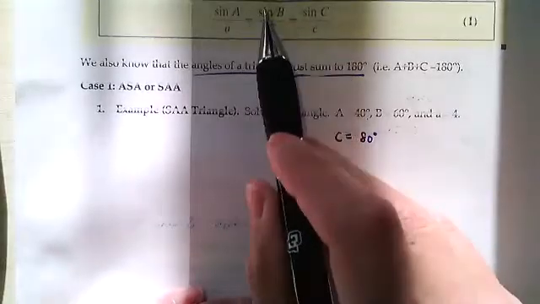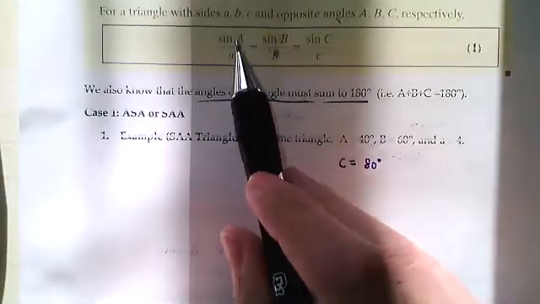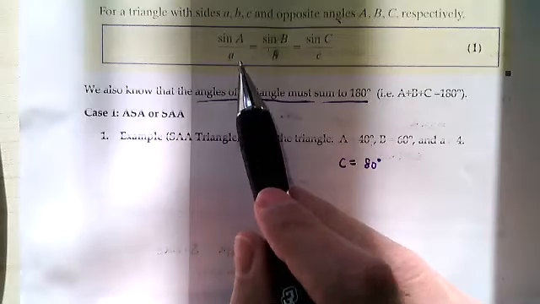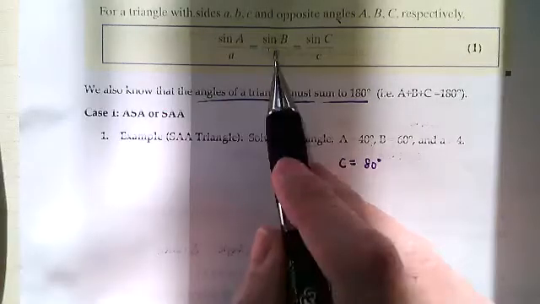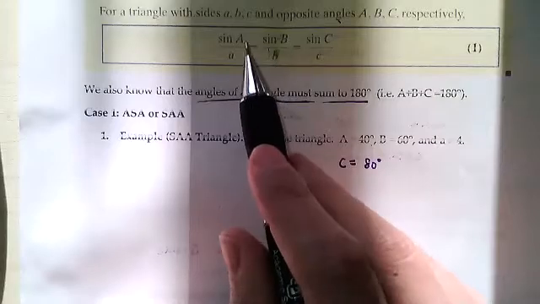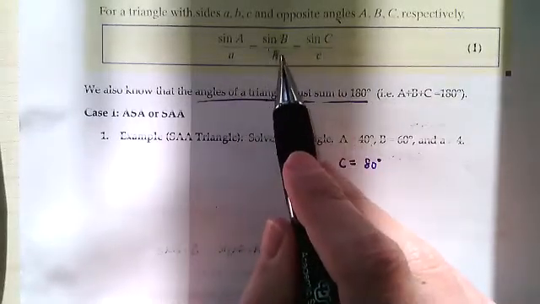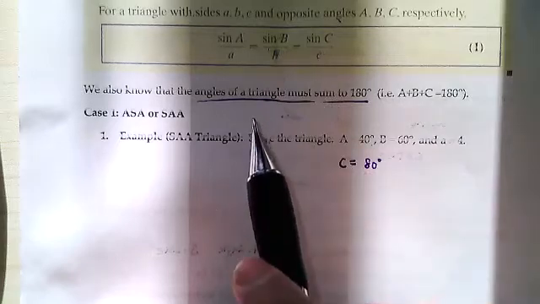Look at this formula. You know side a, but you don't know side b and side c. But if you put all the information here, you should be able to figure out what b is and what c is.